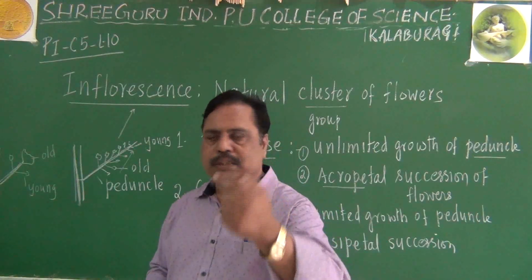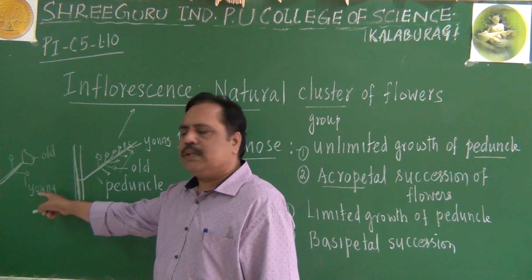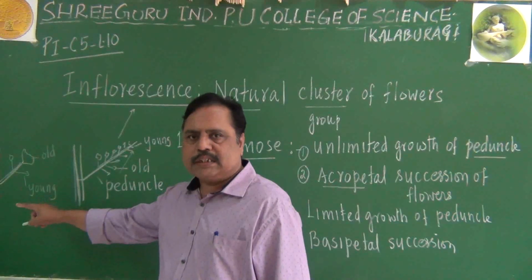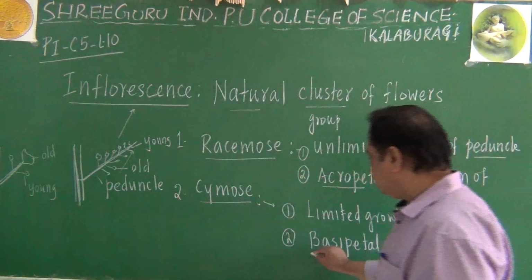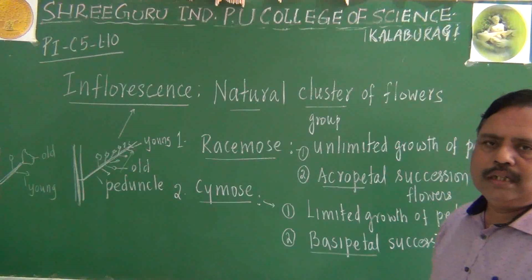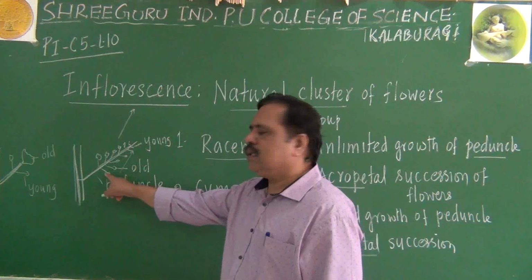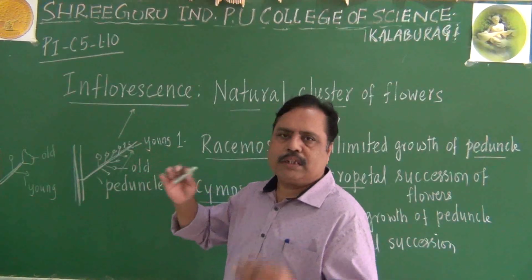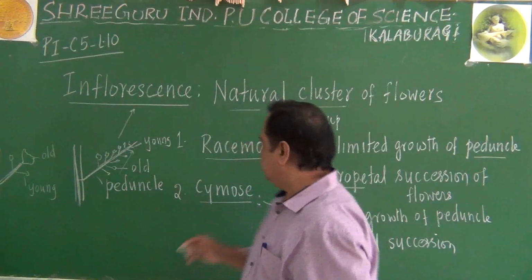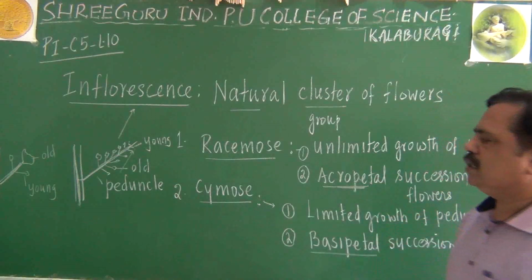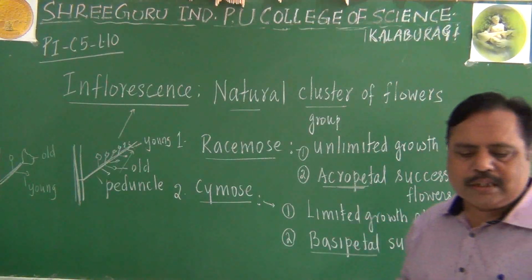Old flowers are present at the tip, young flowers are towards the base of the peduncle; that is called basipetal succession. Whereas old flowers at the base and young flowers towards the tip is acropetal succession. I hope you got this point.